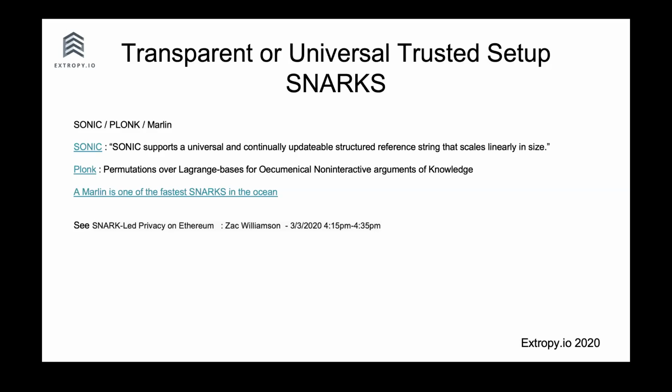So rather than having to go through the whole process again, if you change some aspect of your system, with these setups, Sonic and Plonk, you can reuse some of the computation. So they're getting towards the idea of a trusted setup not being such a burden for your system.